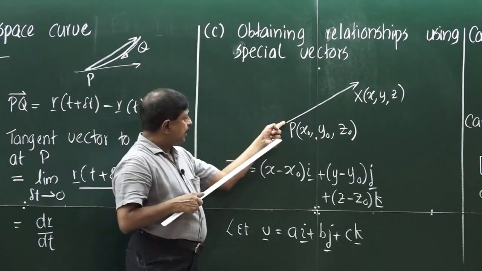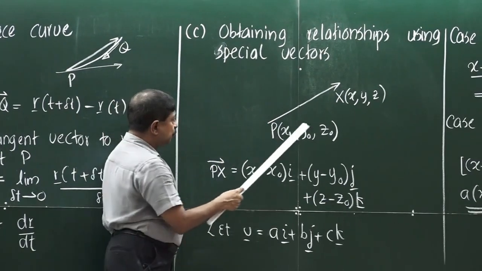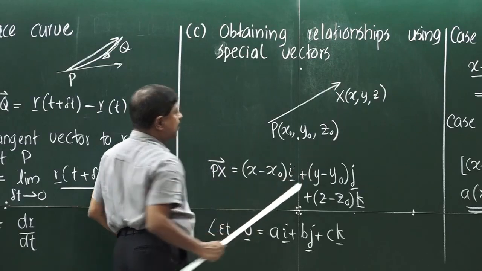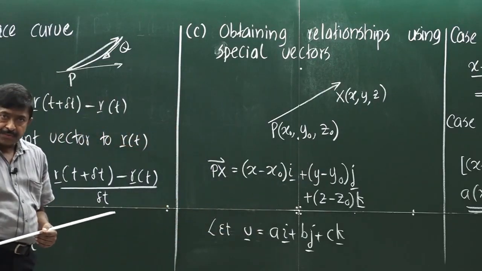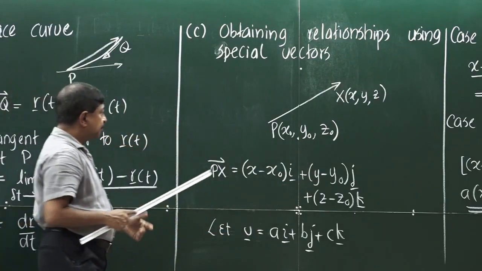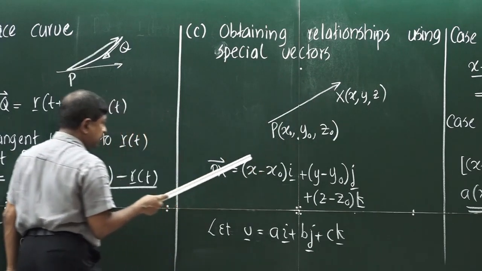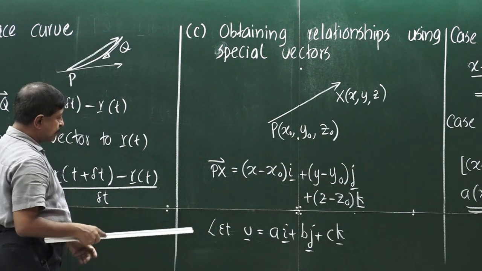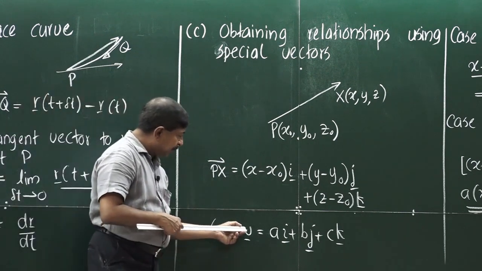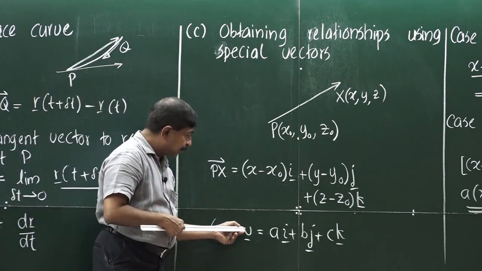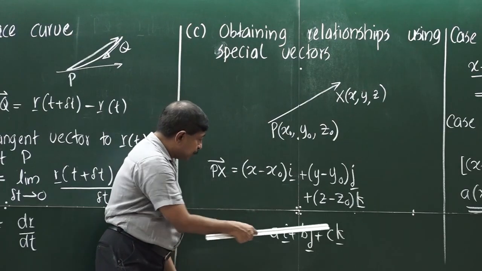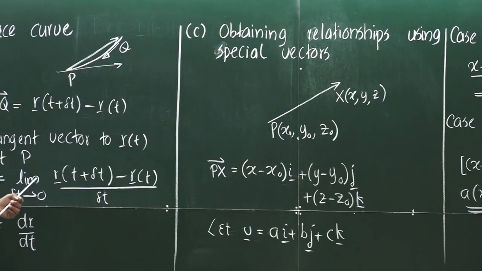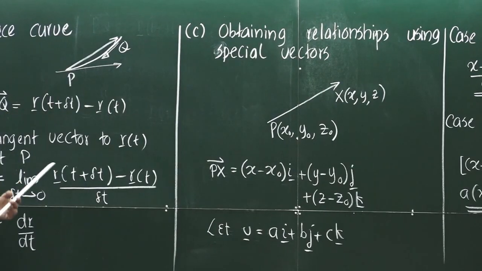Now, take this vector. P is a known point. X is any arbitrary point with coordinates x, y, and z. Now, the vector PX can be given like this. It is a simple thing. I do not want to explain that. Now, let a vector V be a constant vector having these components, so you have it as a i plus b j plus c k. Now, there are two special cases.